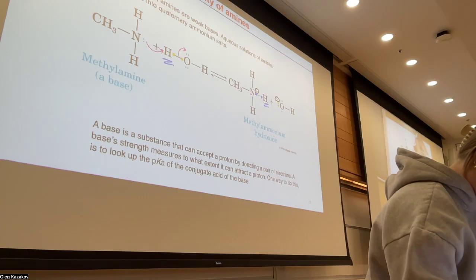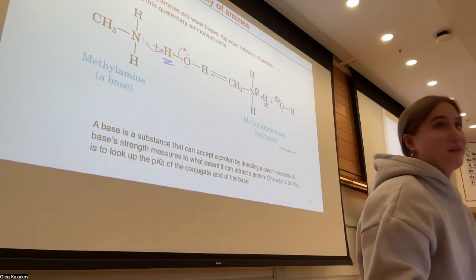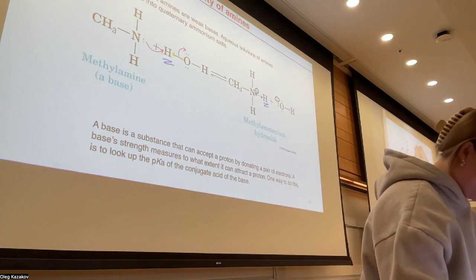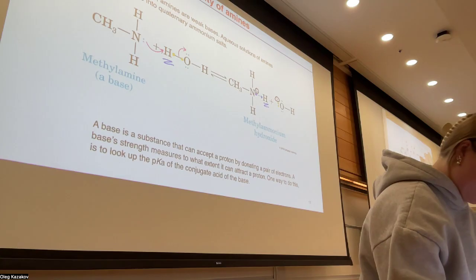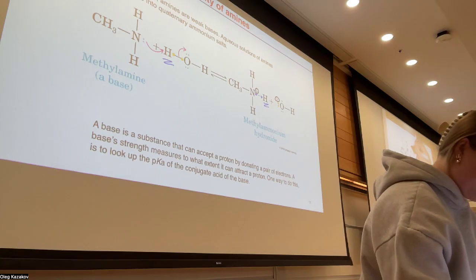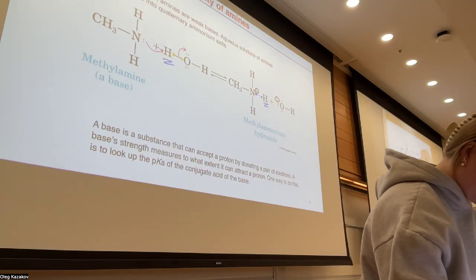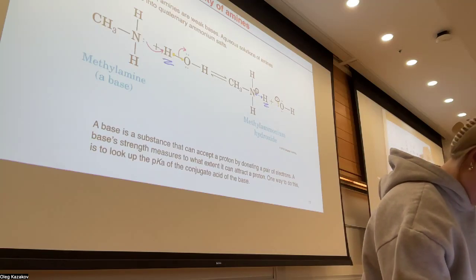Butanoic acid, hopefully there is no extra H. No, I crossed that. Yeah, okay, good. And then we have the tertiary amine. So okay, it's going to be our triethylamine, or yeah, it's going to be tripropylamine. Okay, good. So that is a nice example.